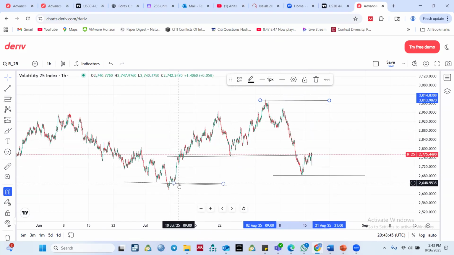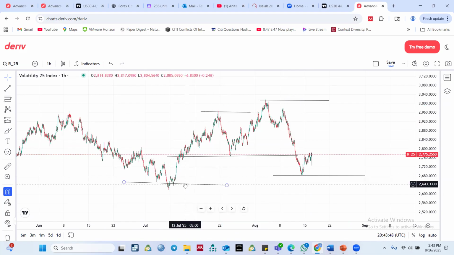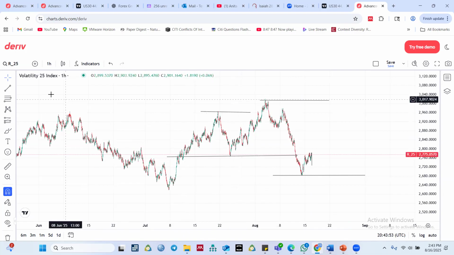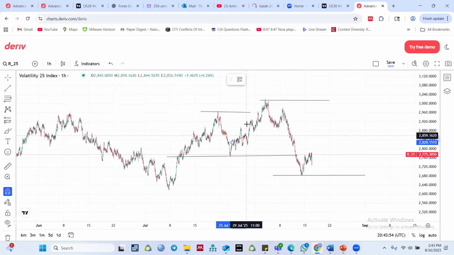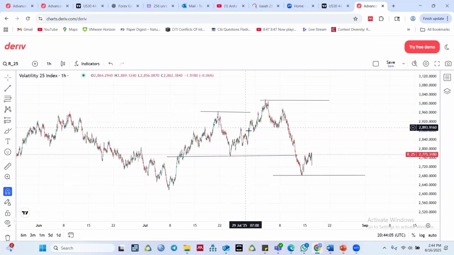So from this low, we took out this high here before we got to that higher high. From this move, we took out this, and we got this as a new high. Okay, so that is our last internal low when we were moving up.